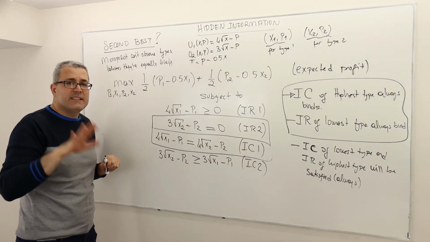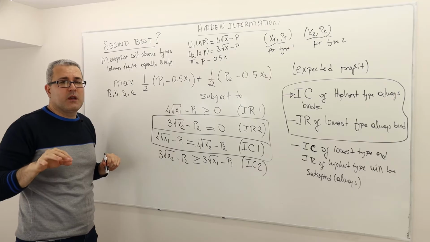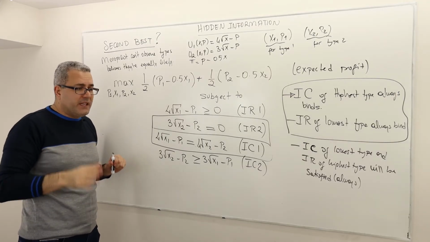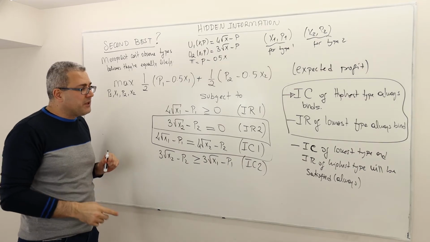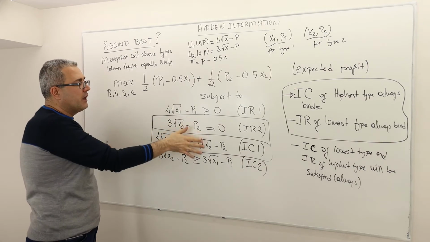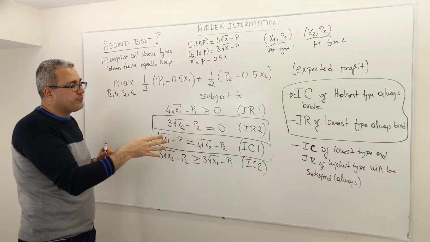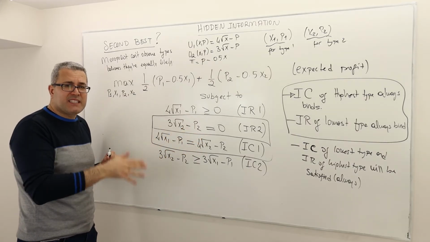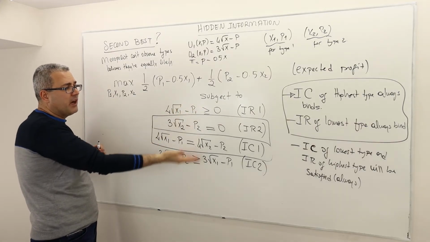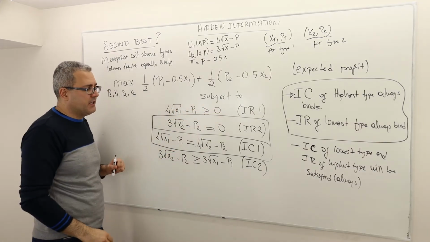All right? And this is exactly what I will do and solve in the next episode. But here now, let me explain why these two constraints must be binding, and why they imply IR1 and IC2.